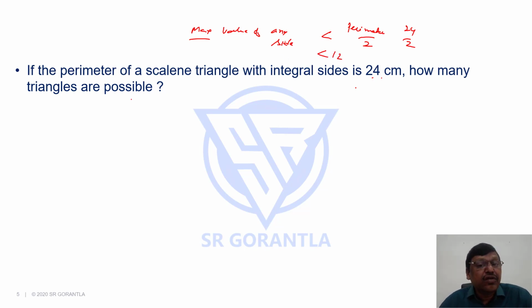Why? Suppose if it is equal to 12, what happens? Suppose one of the sides is 12, the other two sides together will be 12 because perimeter is 24. But you know, in a triangle, sum of any two sides should be greater than third side. That basic property is now contradicted. So that is the reason the maximum side has to be less than half the perimeter.